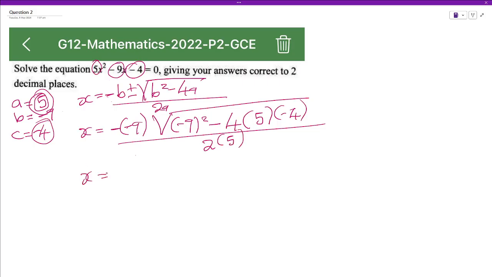Meaning x will be equal to this negative times this negative gives us a positive 9, plus or minus the square root of negative 9 squared gives us positive 81. And then here I'm going to punch everything right there.